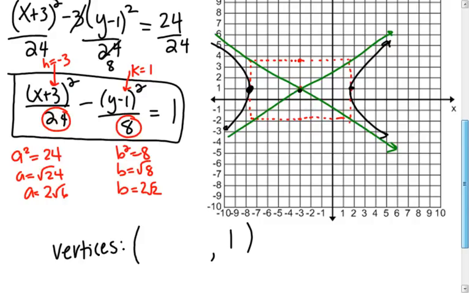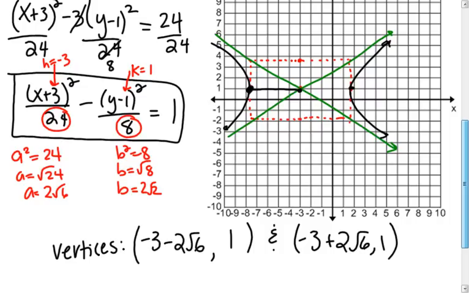And if you'll remember, you moved the square root of 24, or 2 root 6. So I started at -3 and subtracted 2 root 6. And then of course you can go the other way as well: -3 plus 2 root 6, and I'm still 1 up. Okay, so there's my vertices.